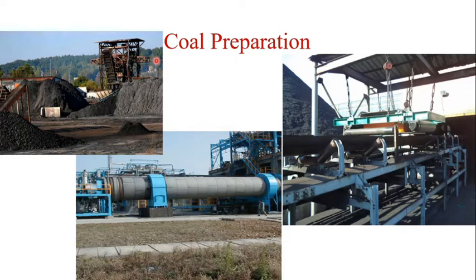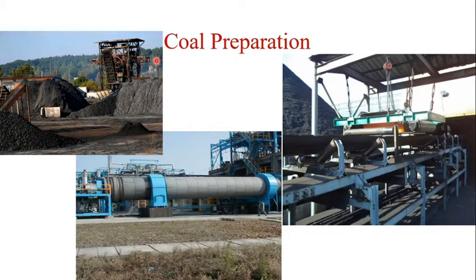This pulverization is done with the help of mechanical machines. The pulverization is done to increase the efficiency of the boiler. As well, it gives us one more advantage, that the ash content of the boiler will get reduced.